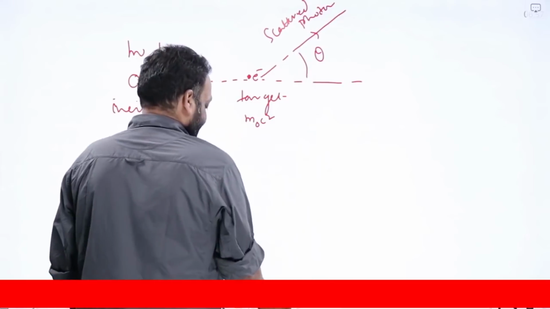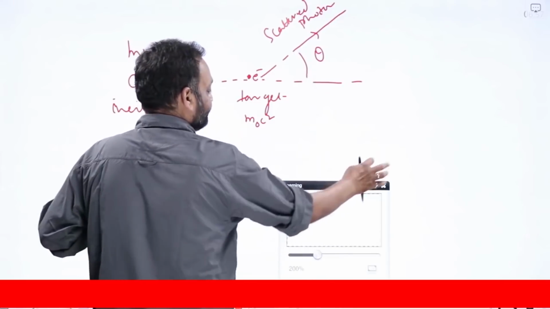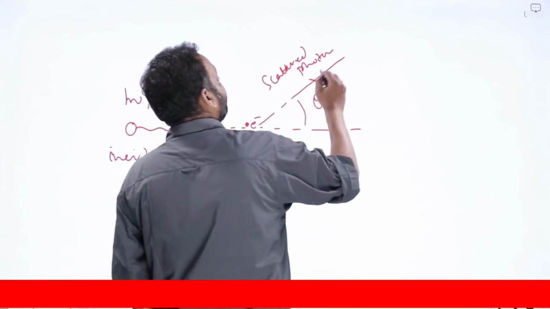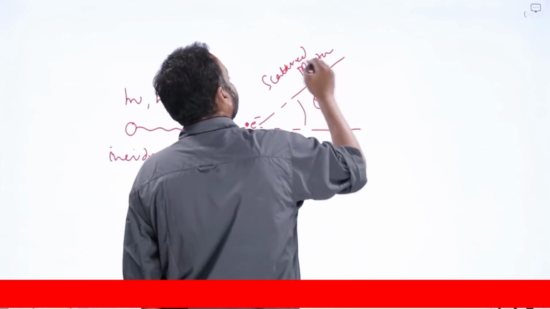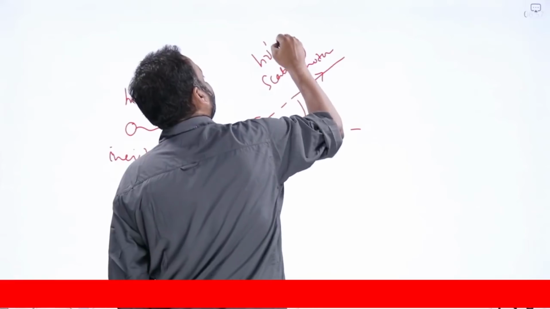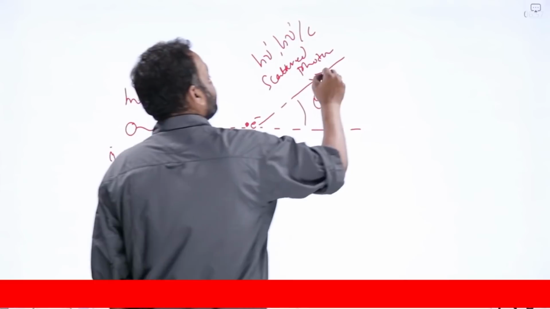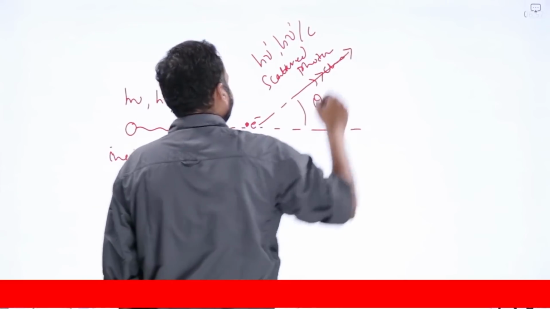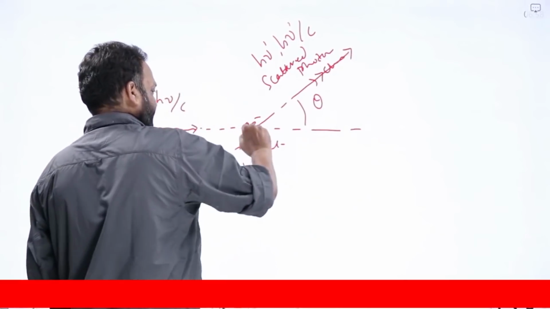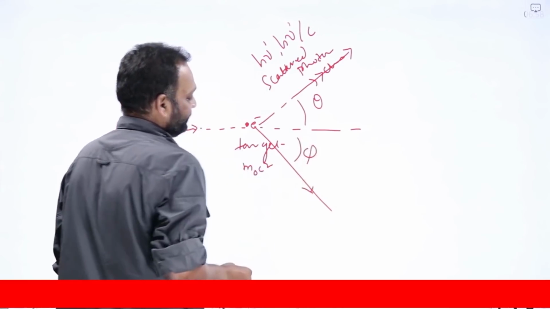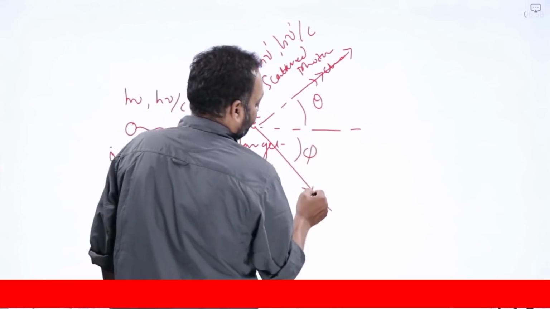After scattering, the photon's energy becomes h nu dash and its momentum becomes h nu dash by c. This is our scattered photon, and this electron gets recoiled, making an angle phi with the initial direction. This is the recoil electron.